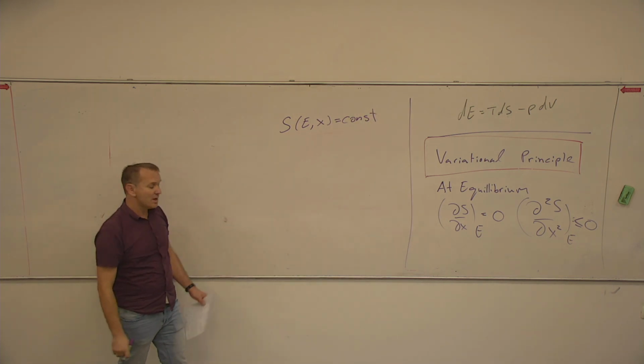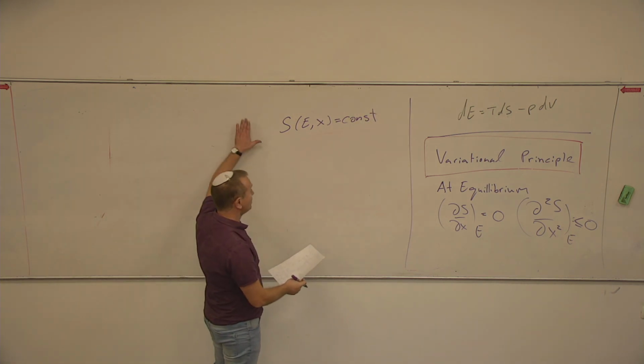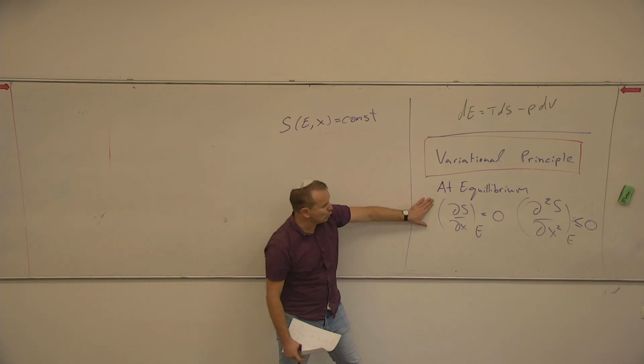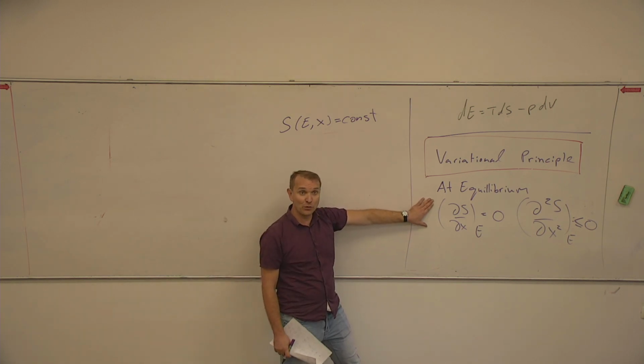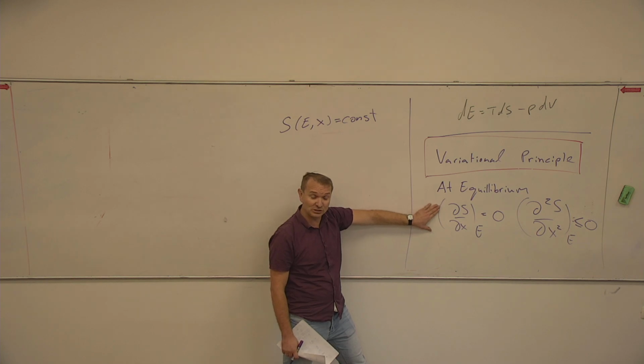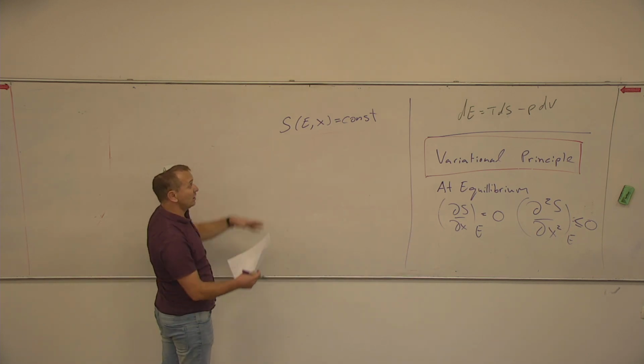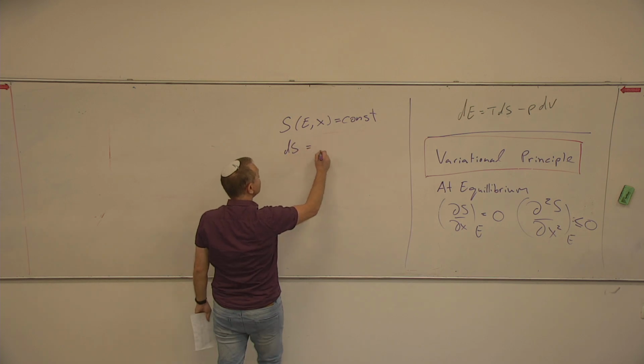Now, the next step is to produce some equations that look like this, but for energy. This is how my variational principle will operate. If S is constant, I know that dS equals 0.